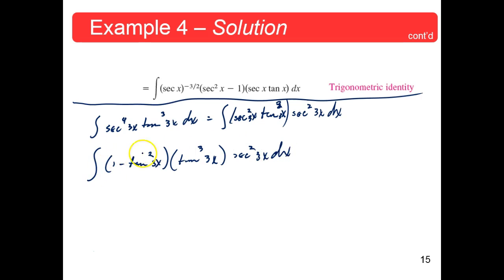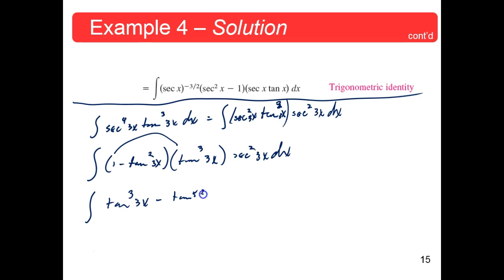Okay, so multiply these two together, and what do you get? Tangent cubed 3x plus tangent to the fifth.